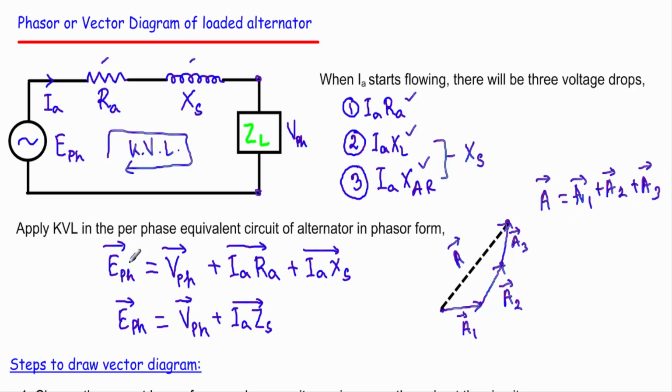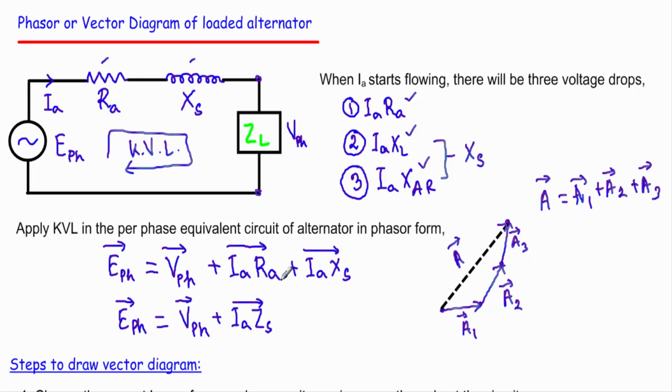So if I want to draw EPH, which is the sum of VPH plus IARA and IAXS, this VPH will be our A1. We have to start IARA at the terminating point of this A1, and we will start the IAXS drop at the terminating point of A2.